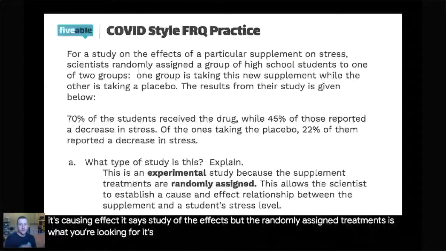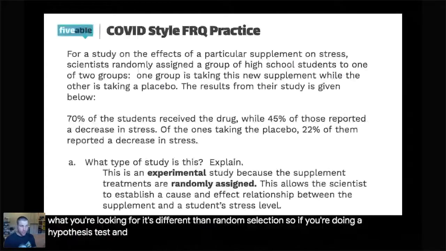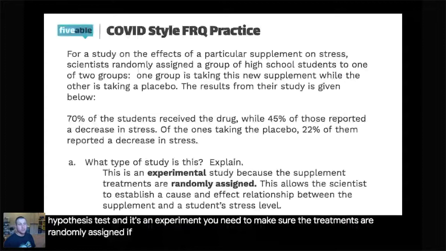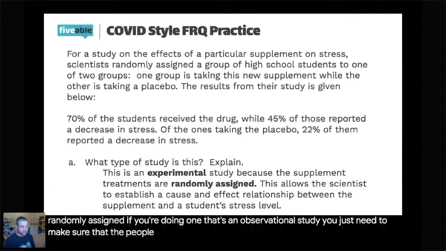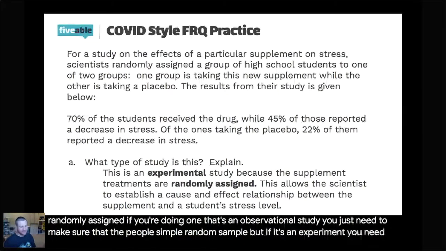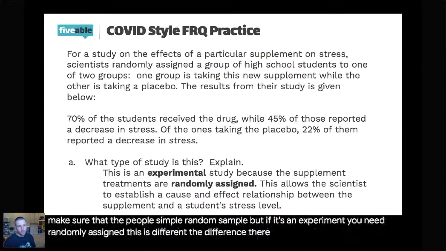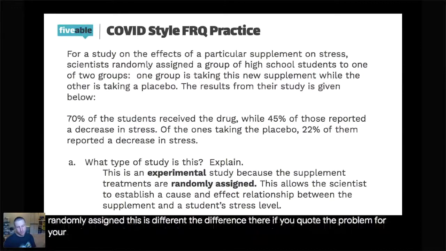It's different than random selection. So if you're doing a hypothesis test and it's an experiment, you need to make sure the treatments are randomly assigned. If you're doing one that's an observational study, you just need to make sure that the people were randomly selected. Okay, a simple random sample. But if it's an experiment, you need randomly assigned. It's a difference there. If you quote the problem for your random check, you should be good.